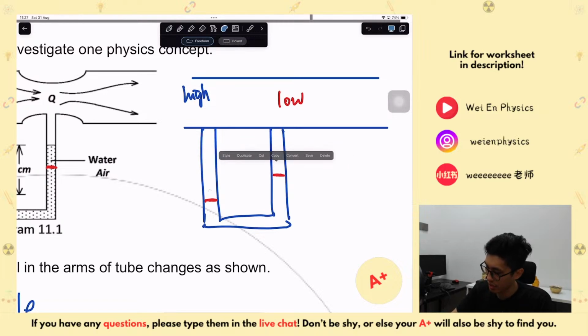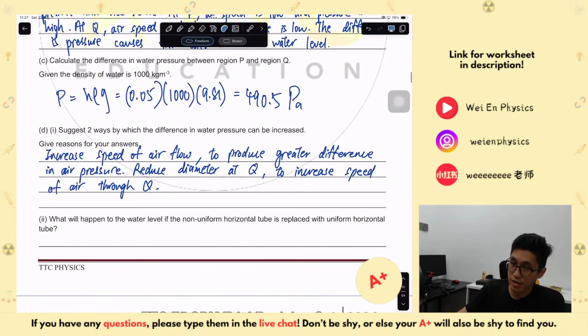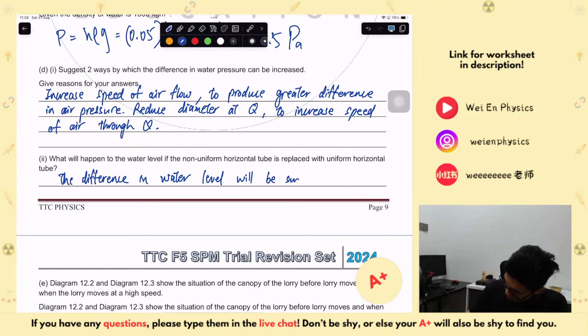So you can say the difference in water level will be smaller. Okay, the difference in water level will be smaller. Yes.